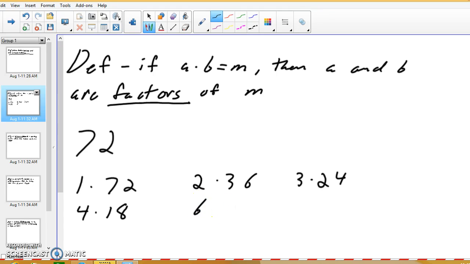There's 6 and 12, and then finally 8 times 9. So these are all the factors of 72. Again, 1 and 72, 2 and 36, 3 and 24, 4 and 18, 6 and 12, and 8 and 9. And again, you could do this with any number. And again, the factors are just the two numbers that multiply together to give you that number. So these are what factors are.